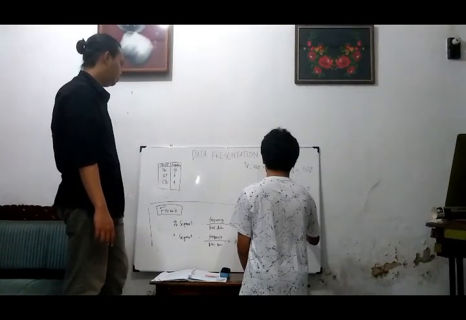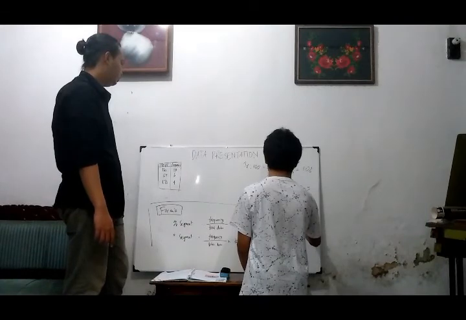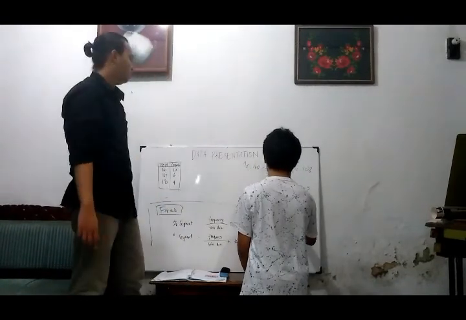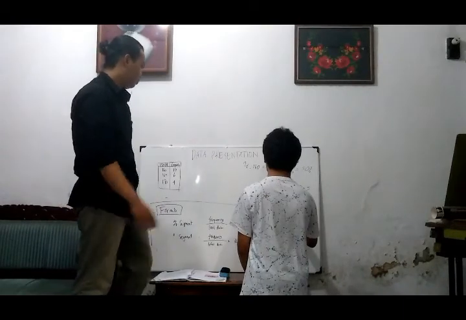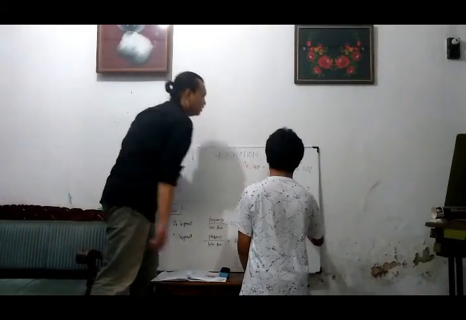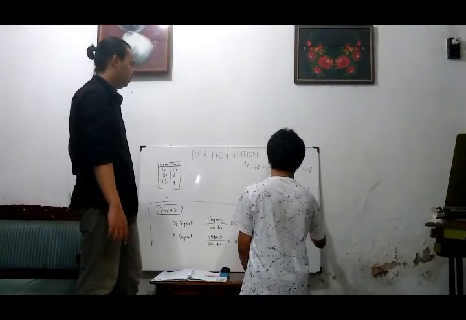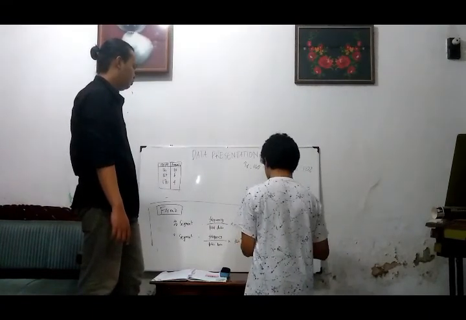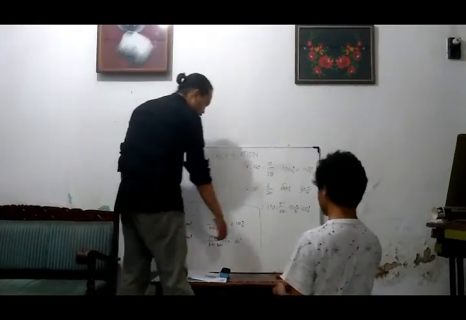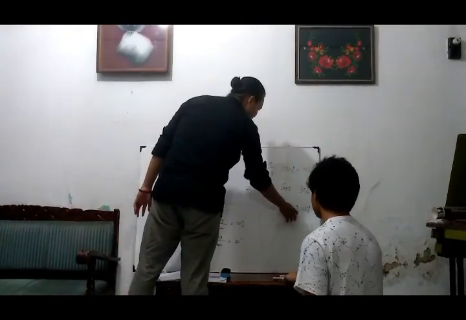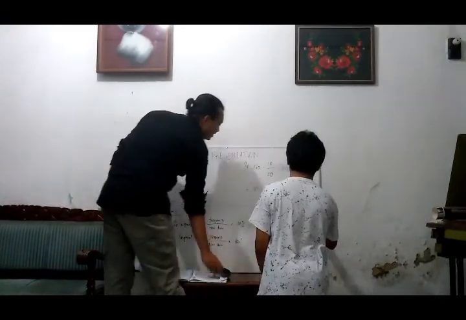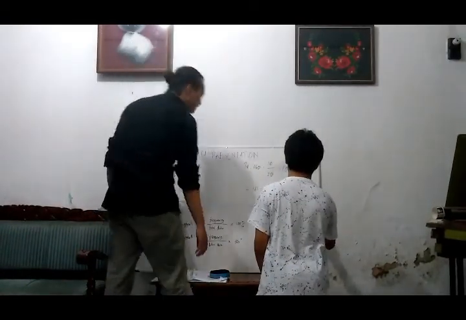Four over 20 is 20%. Then 100 divided by 5 is 20.